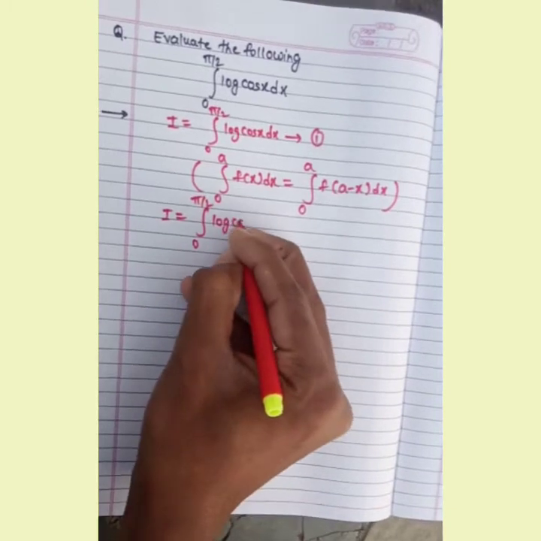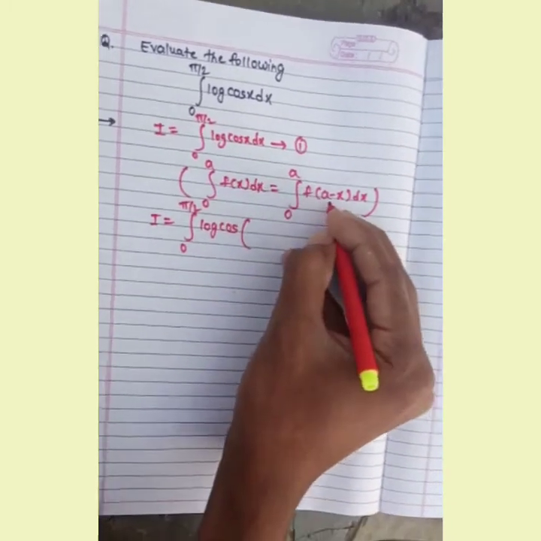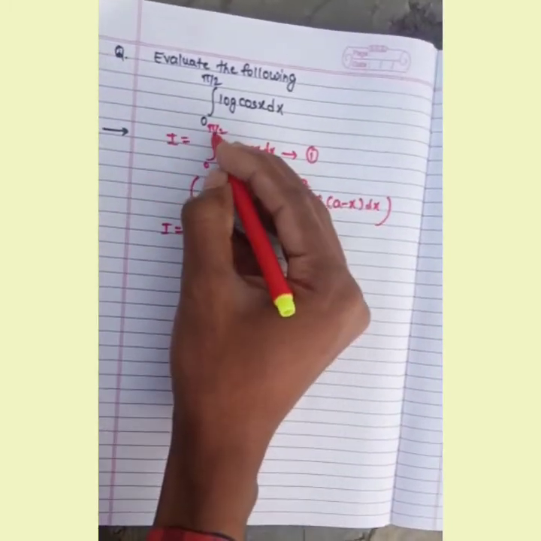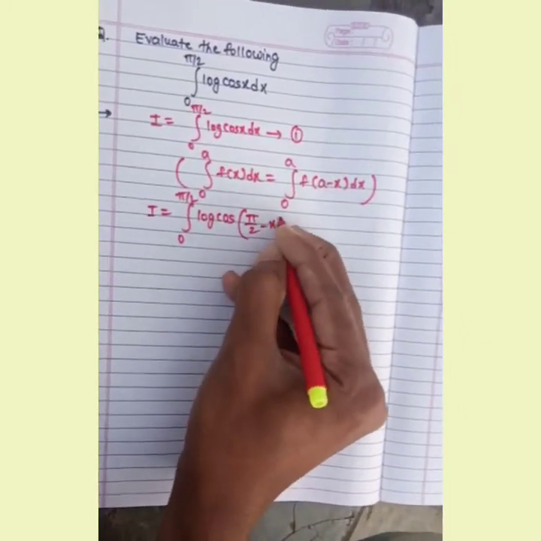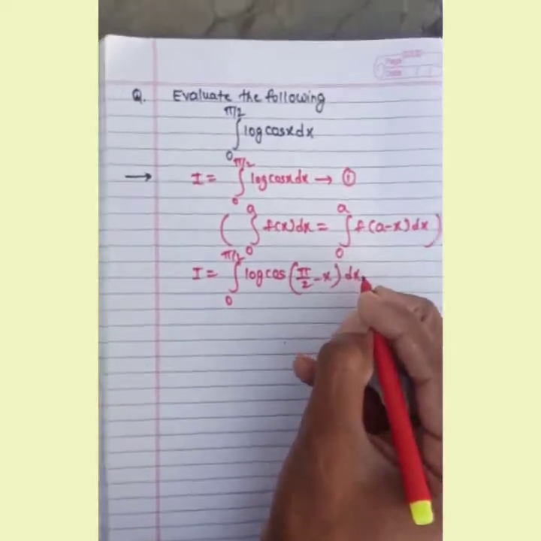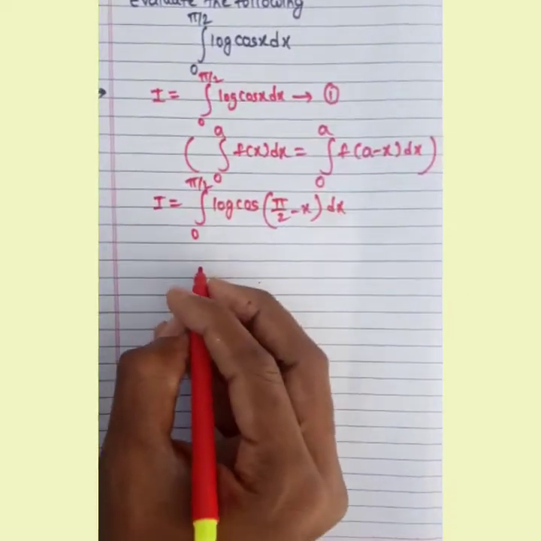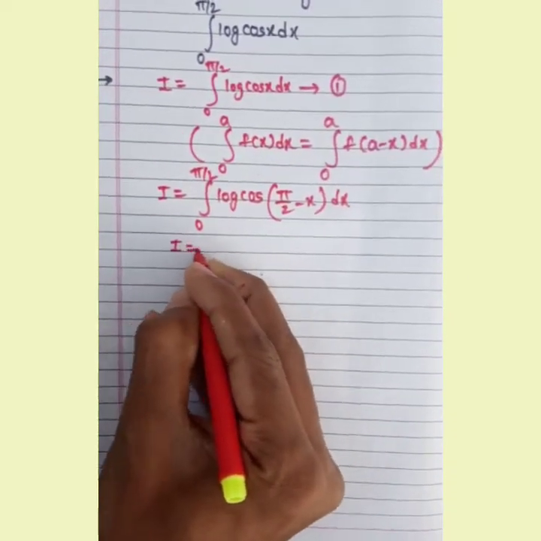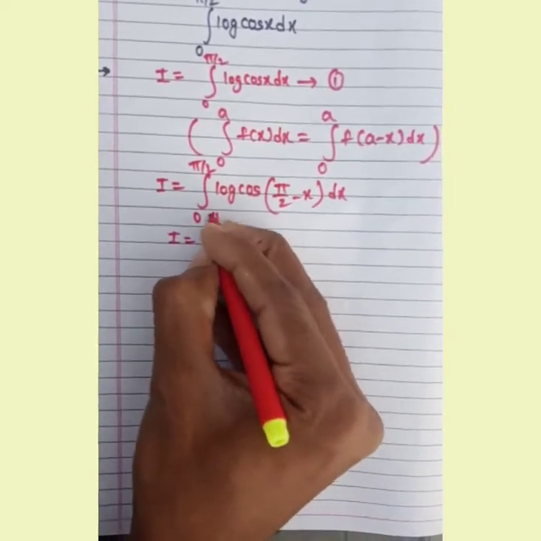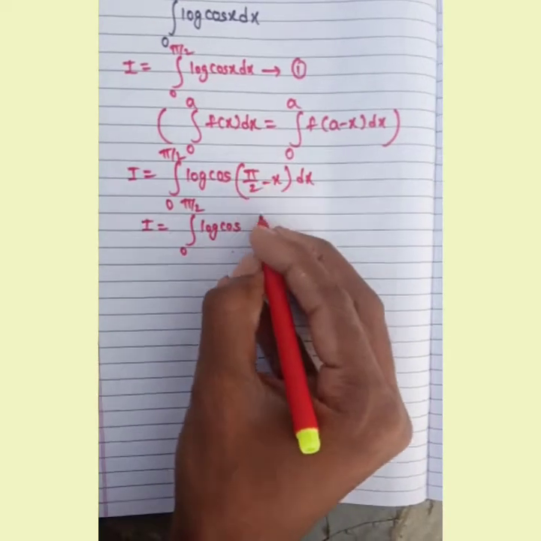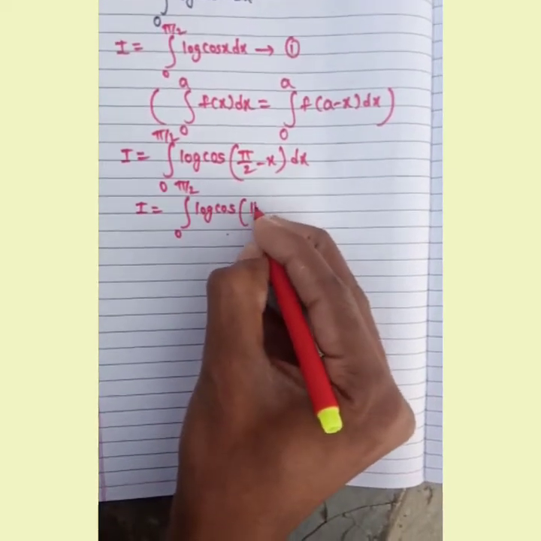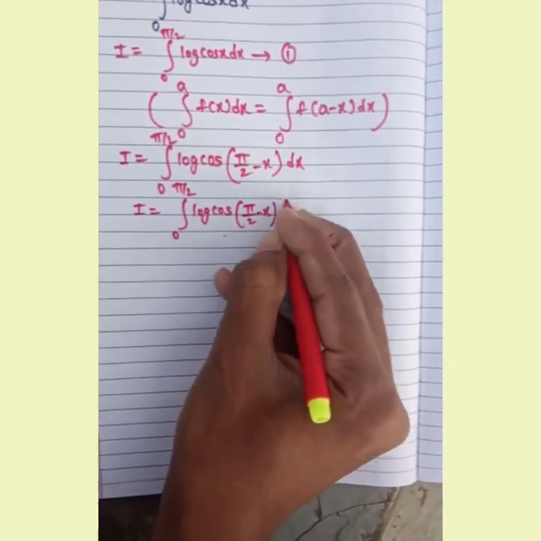log cos, here the value of a is pi by 2, that is the upper limit, so pi by 2 minus x into dx. Now in the next step I is equals to integration from 0 to pi by 2 log cos of pi by 2 minus x into dx.